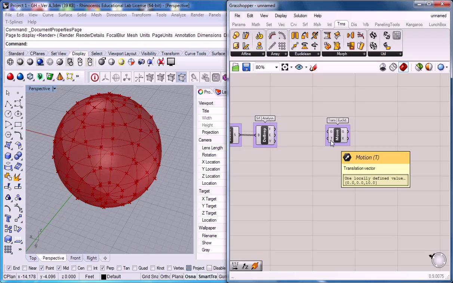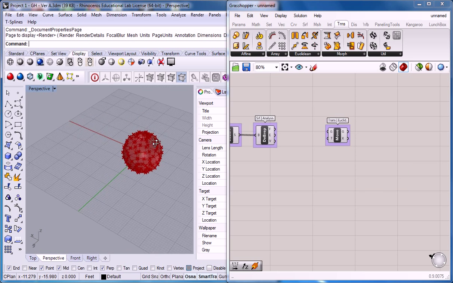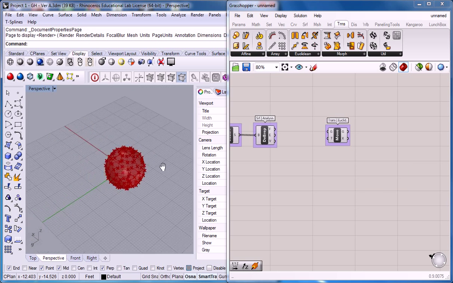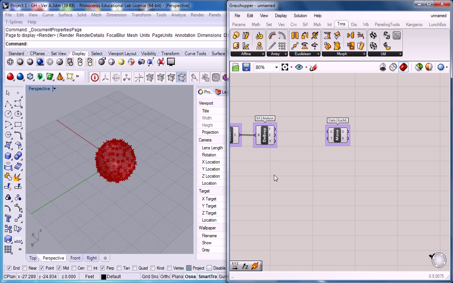So thinking ahead, what do you think it's going to do when I plug in my geometry to this Move component? Yeah, Carl. What's it going to do to the form? Oh, it's just going to move it. Where? X and Y wise. Or Z. Where's it going to move it? Either in the X direction or Y direction, right? It's one of them. Which one?